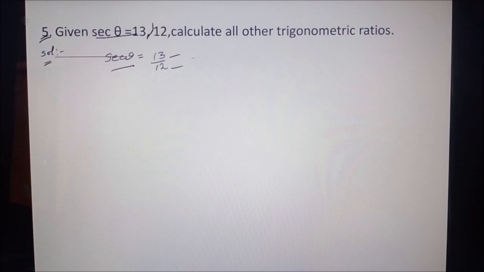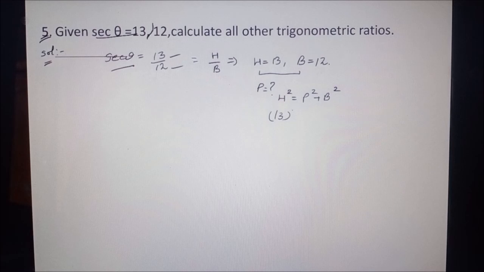Now secant is hypotenuse upon base, so it implies value of hypotenuse is 13 and the value of base is 12. So we can calculate value of perpendicular. Now hypotenuse square is equal to perpendicular square plus base square. Hypotenuse value 13 square is equal to perpendicular square plus 12 square.